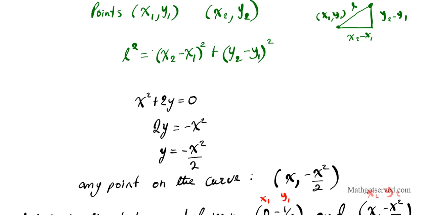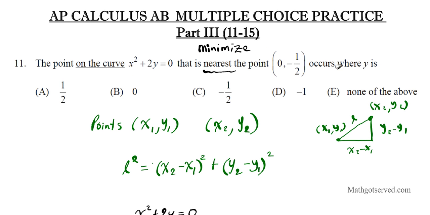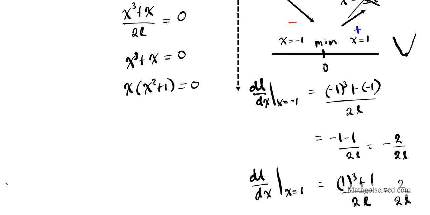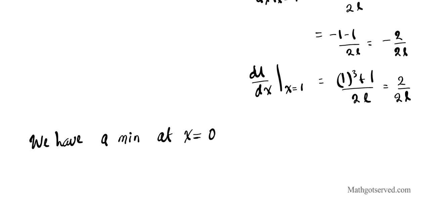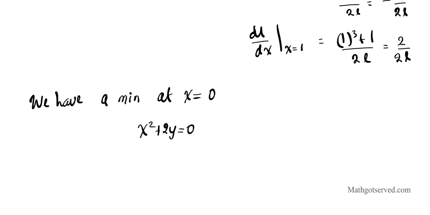The question says, of course, where y is, so we have to be careful. We need to actually input x equals 0 into the function and see what y value that yields. The original function was x squared plus 2y equals 0. So if we plug in 0 for x, what is the y coordinate going to be?